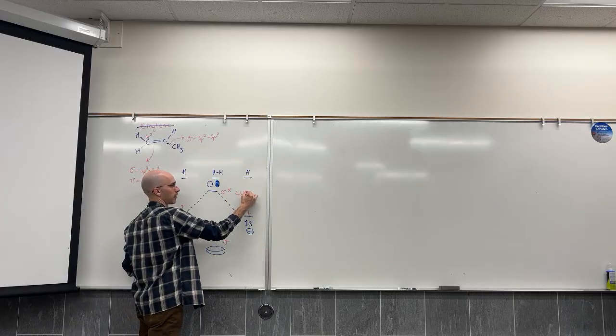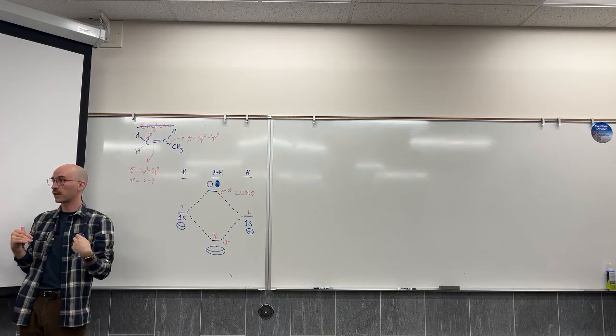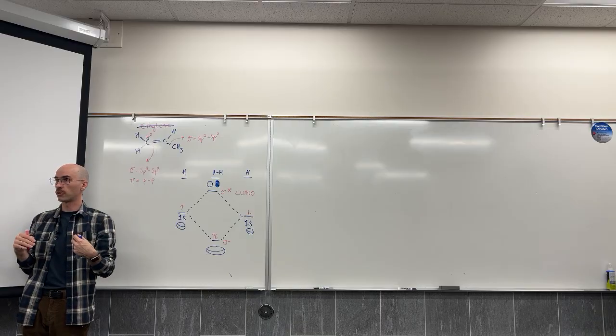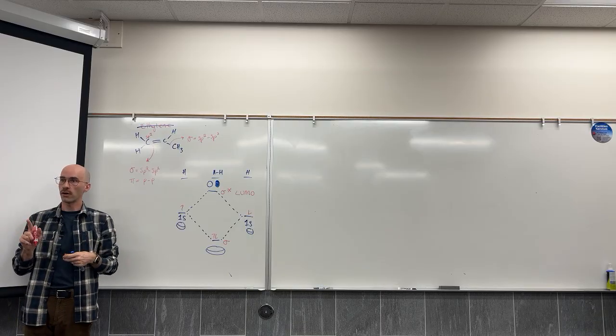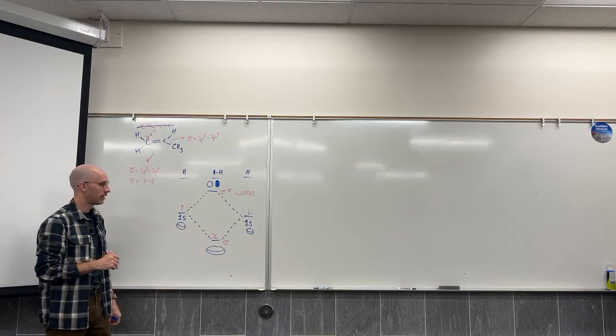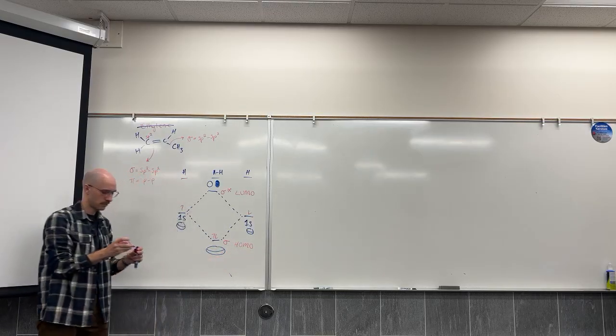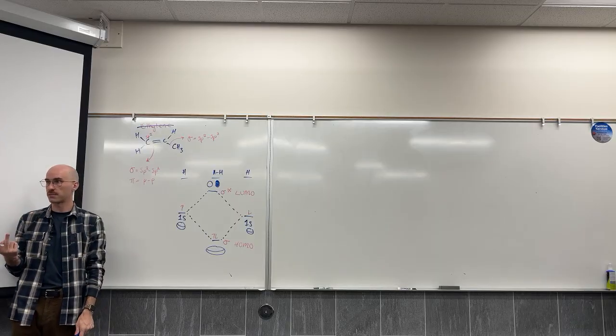That's our LUMO, our lowest unoccupied, willing to accept electrons, molecular orbital. Or I could take electrons out of the HOMO, the sigma orbital. Those are the two ways that I could break this bond.